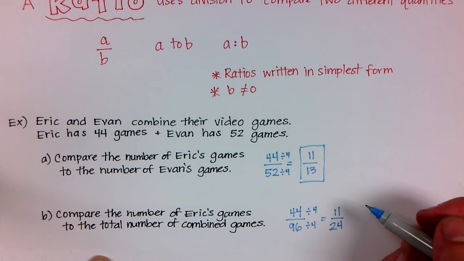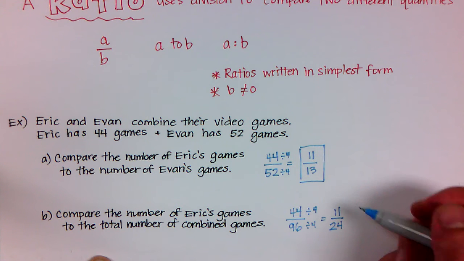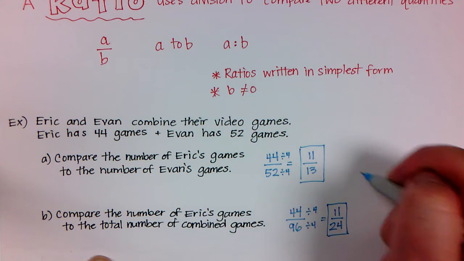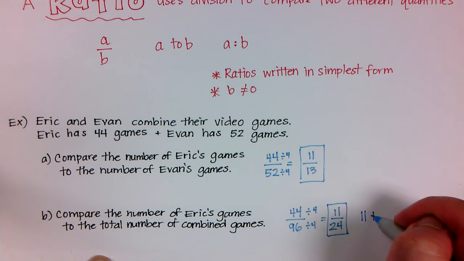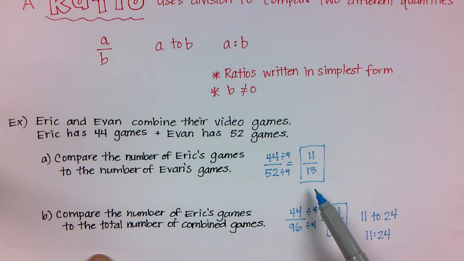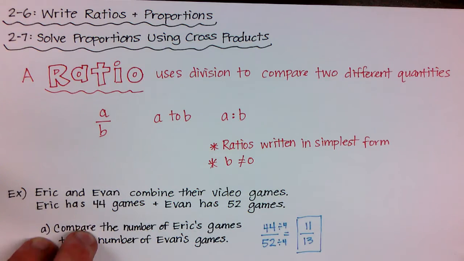So Eric has basically 11 games for every 24 games. That's the ratio. And again, you could write this as 11 to 24, or with a colon in between those two numbers. So there's different formats. I like writing it with a fraction, but that's completely up to you unless it specifies.